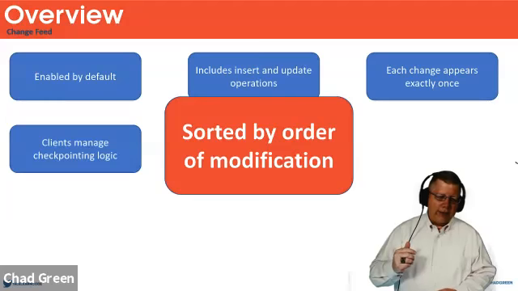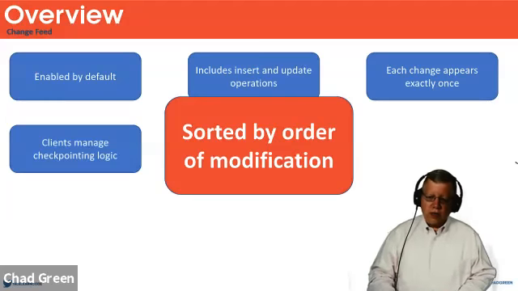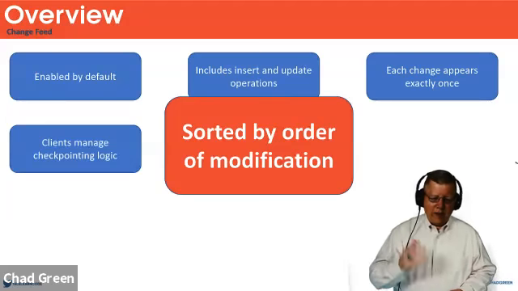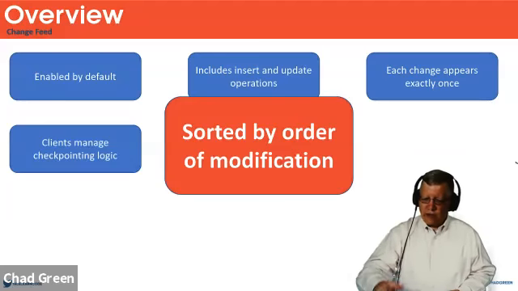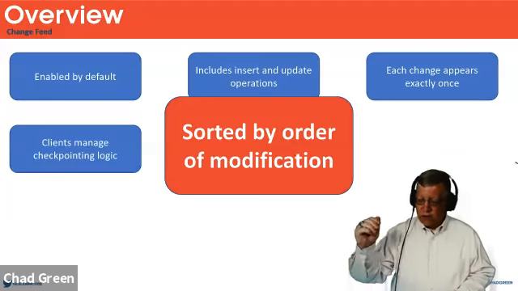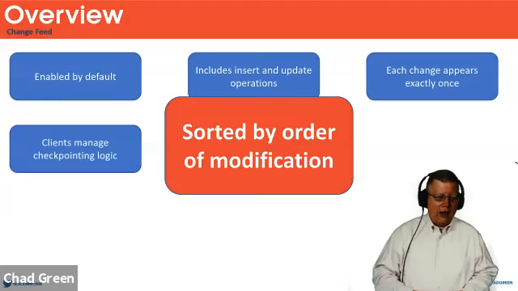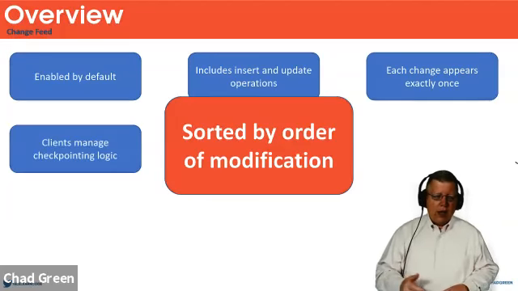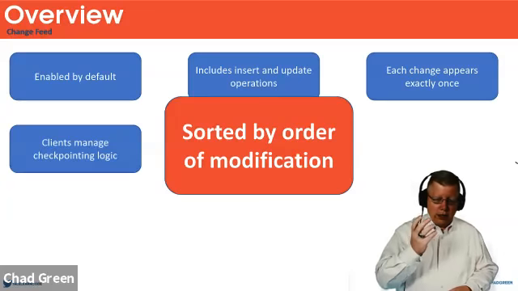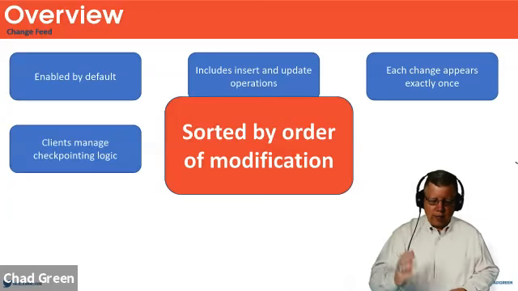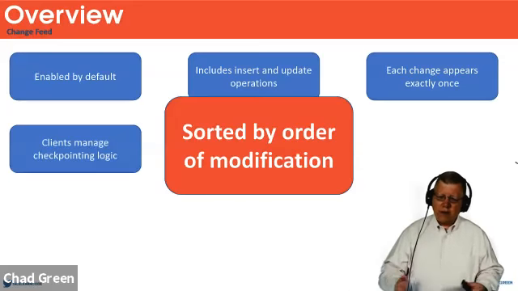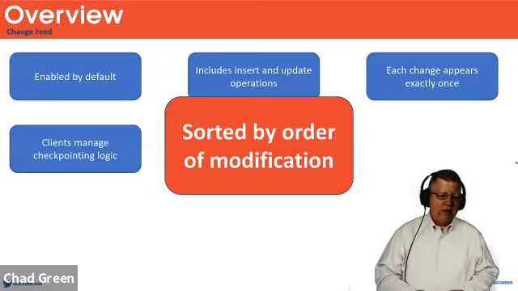The one thing to note is that across different partitions, you're not necessarily getting them in order. I might write A1, A2, A3, and then B1, B2, B3, and if I'm watching all the partitions together, I might get A1, A2, B1, even though that wasn't necessarily the order it was written in. Something to consider.